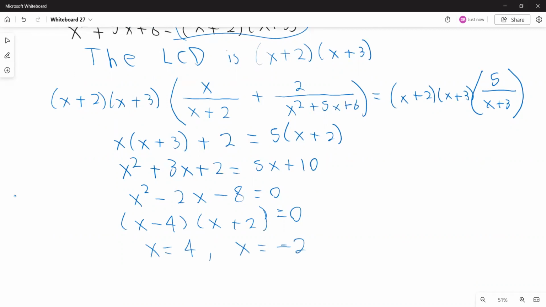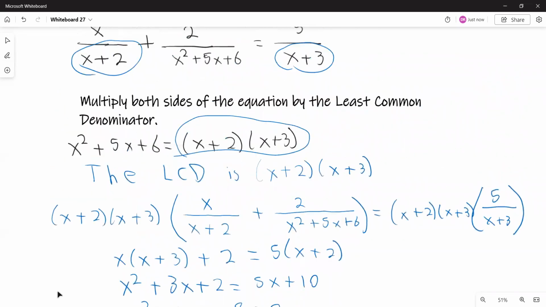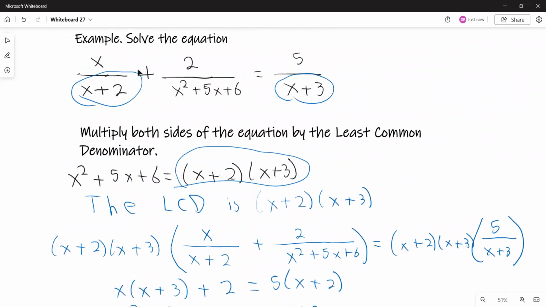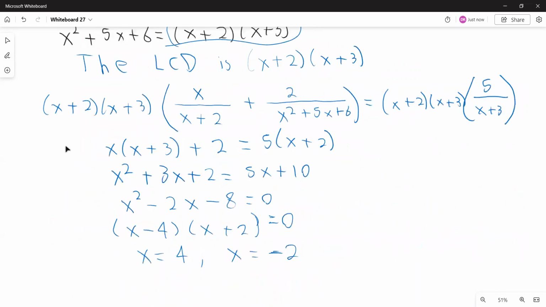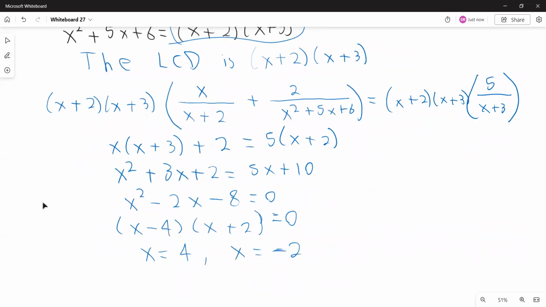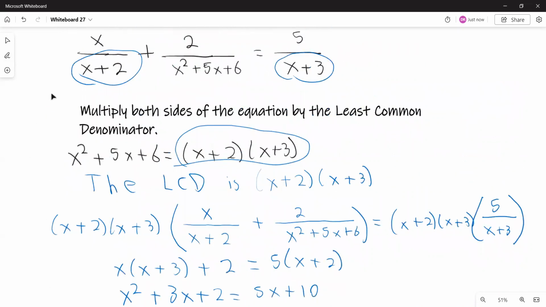But we are not done yet. This is a resulting quadratic equation, but the equation we began with was the rational equation. If we try to plug in -2 into the original equation, we're going to have division by 0, which is undefined.